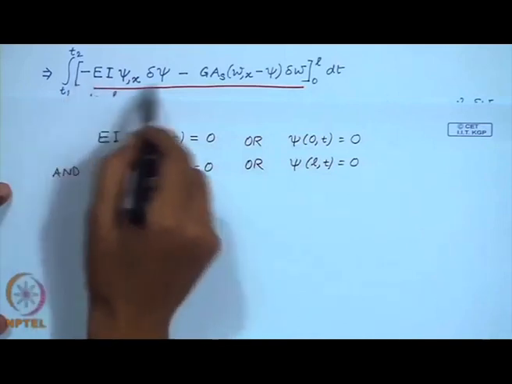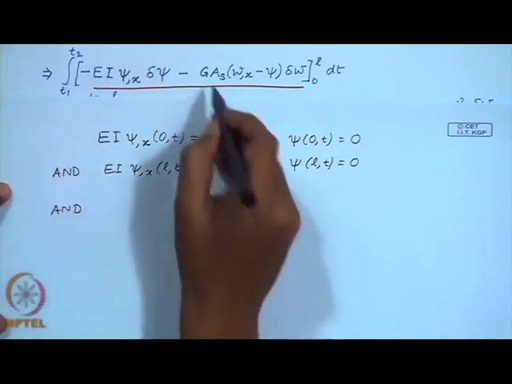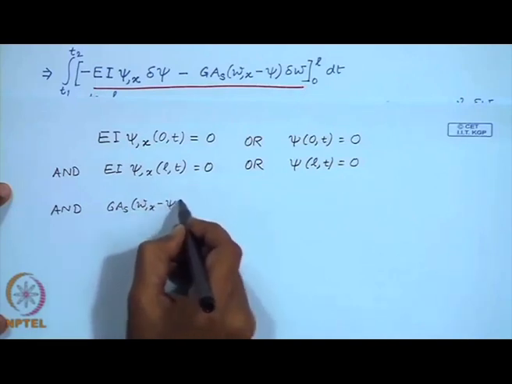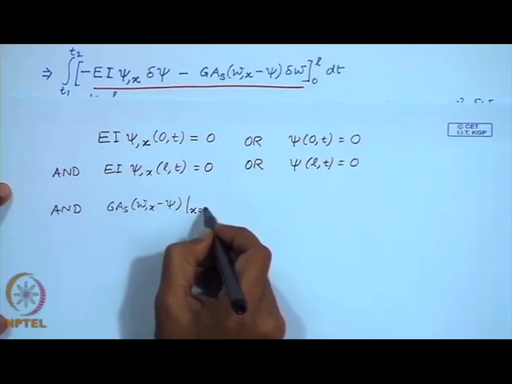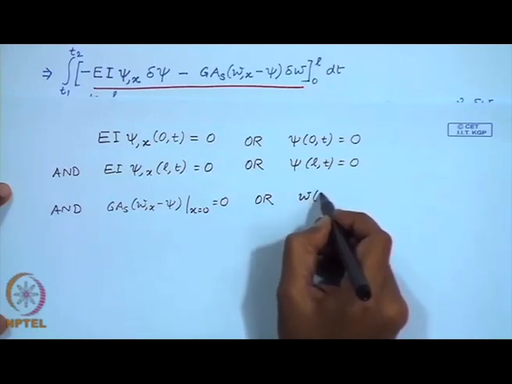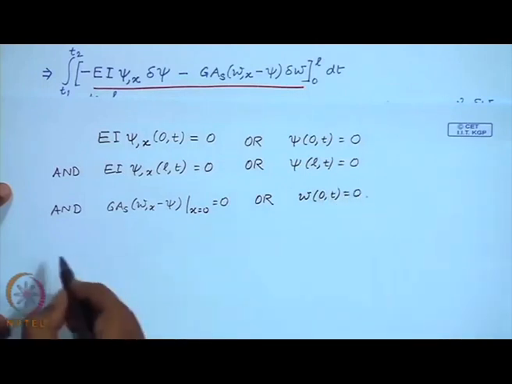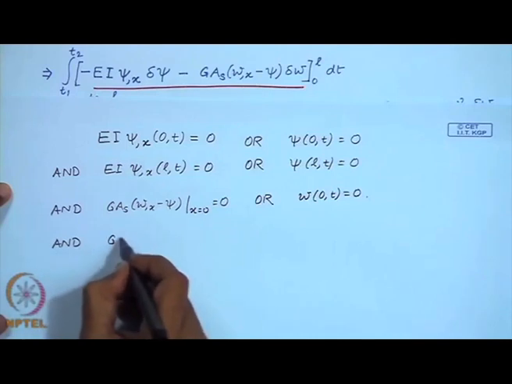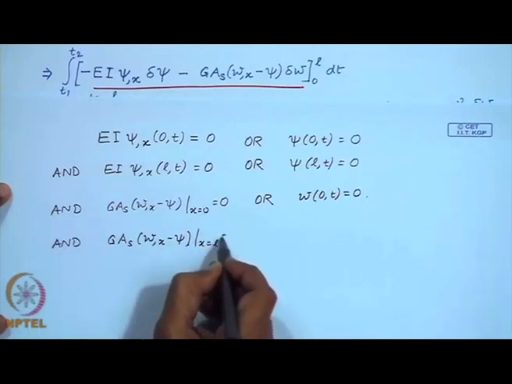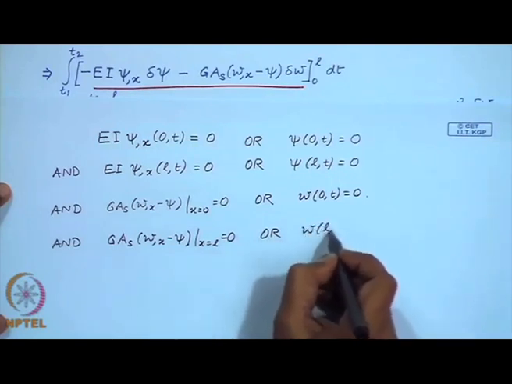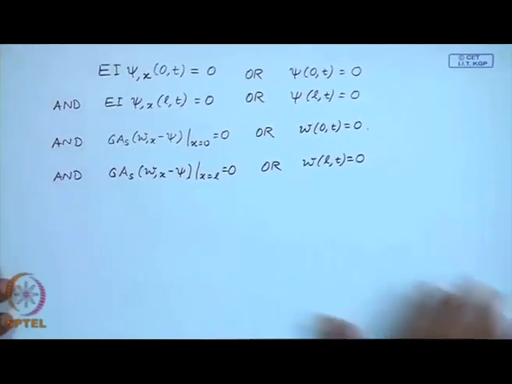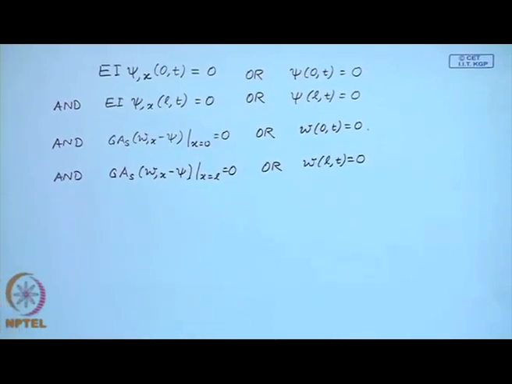So these are the possible boundary conditions obtained from here, and from here, and similarly at x equal to L. So, these are the possible boundary conditions that we can usually have.